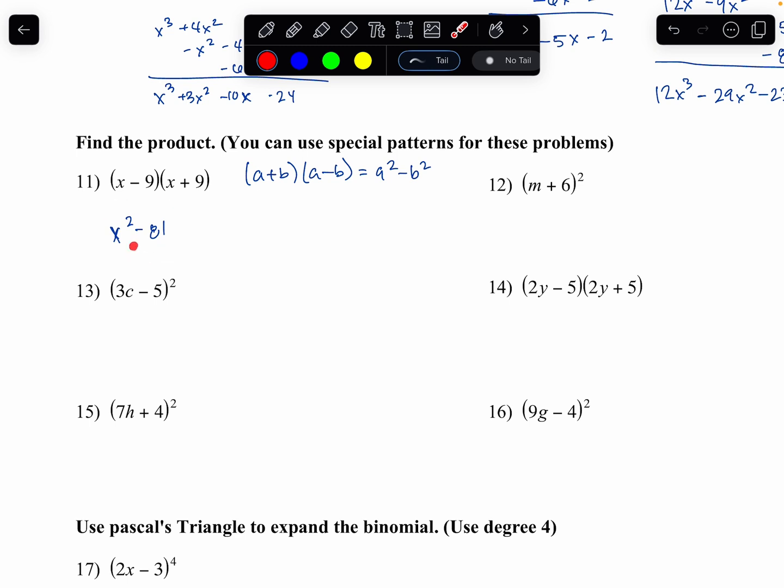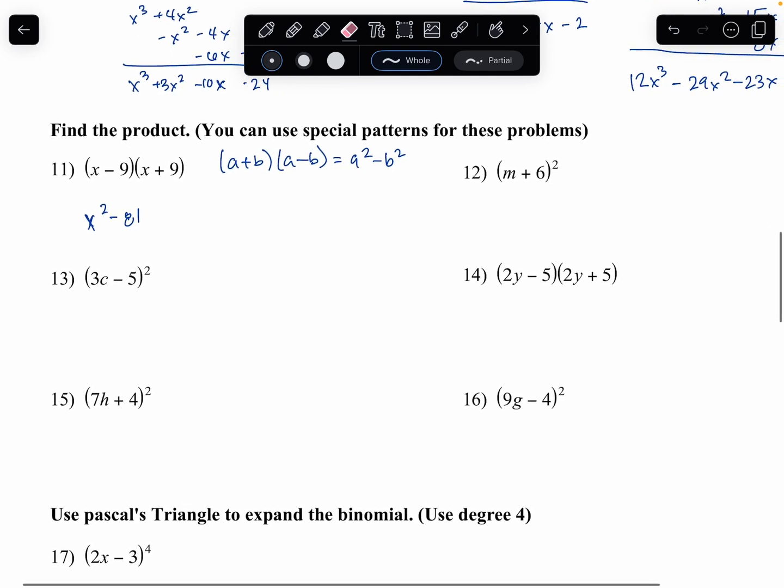So there's no term in between. If you want to see, again, if I multiply these together the long way, I get x squared plus 9x minus 9x minus 81. But these are going to cancel and make 0, leaving me with x squared minus 81. So there you go. That's why I can use that shortcut.